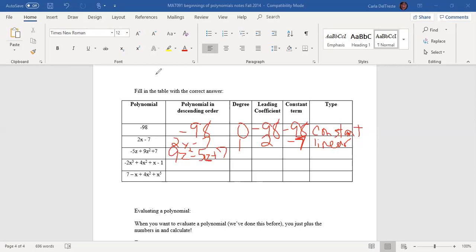Now I can easily pick out the answers to the rest of the questions. The degree will be 2, because that's your highest exponent. The leading coefficient will be 9. The constant term is a 7. And the highest exponent is a 2, so it's classified as a quadratic.